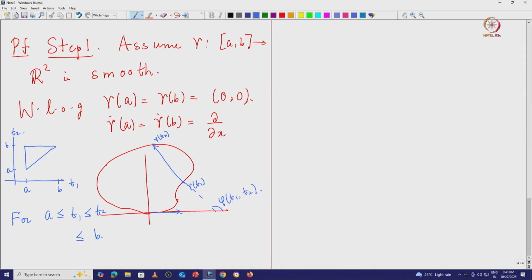Okay, so the question is, how do I define phi rigorously, right. So this is similar to our theta. Our theta was basically the angle that the tangent vector makes with the x axis, but then we had to use this covering space theory to formally define this angle theta. So I am going to do something similar with phi.